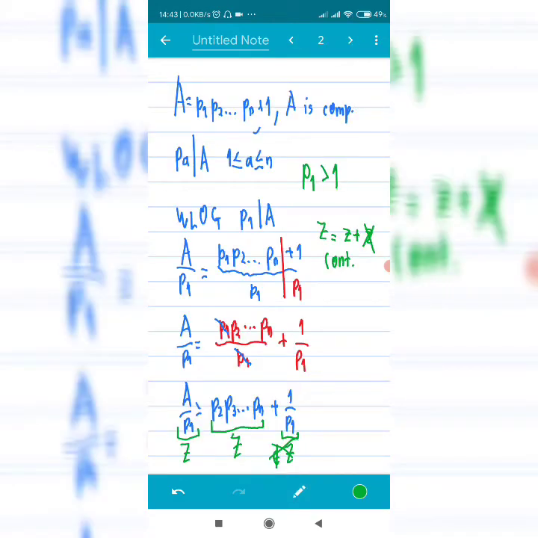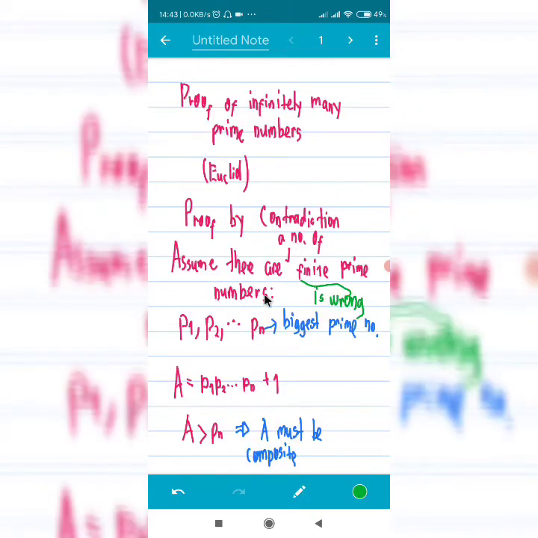What makes this proof interesting for me is that it's a proof by contradiction, and at the start we choose a special number to add on here.